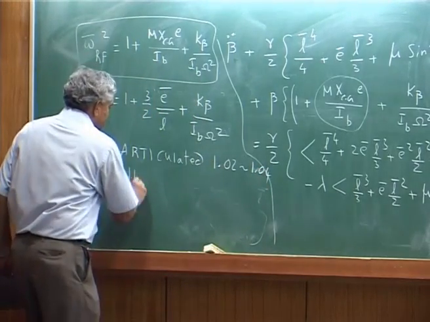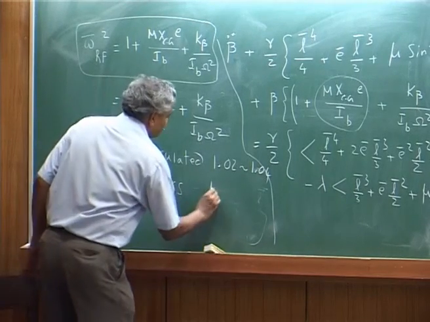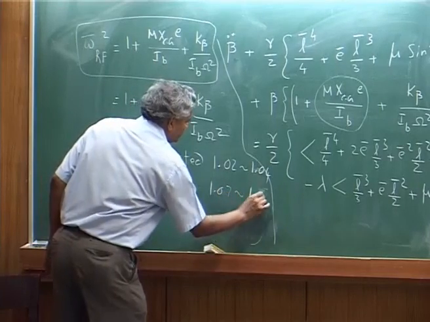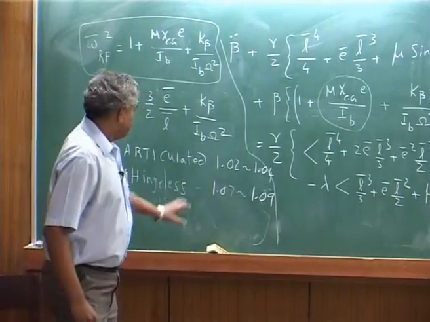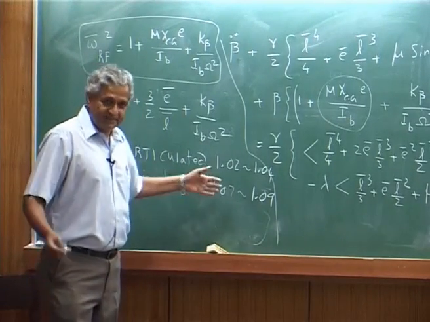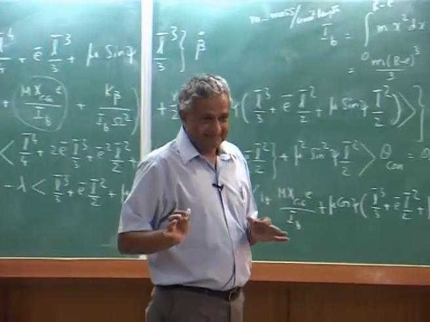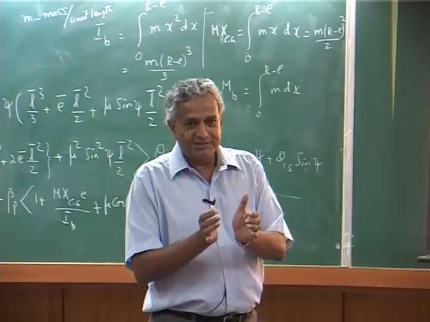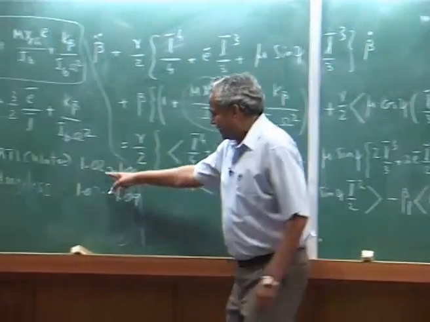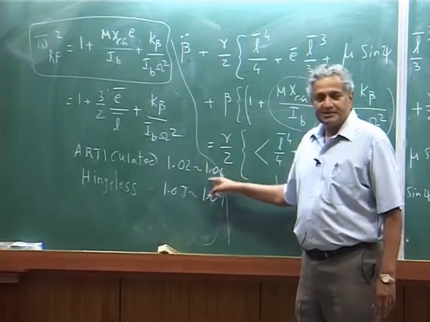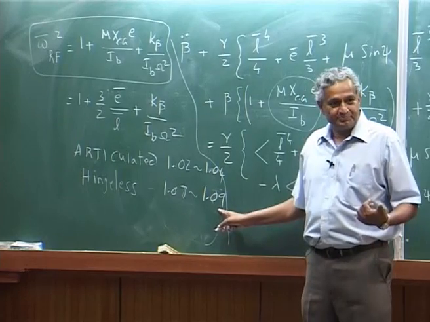whereas hingeless you go to 0.9, 1.1 sometimes, because physically you need to have some, because you can't put the blade right at the center, there is a physical dimension. So, articulated blades have flap natural frequency in this range, whereas hingeless blades slightly higher.